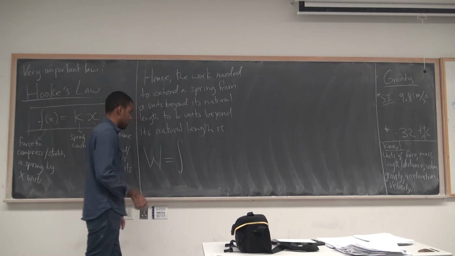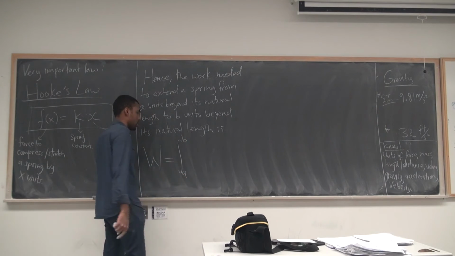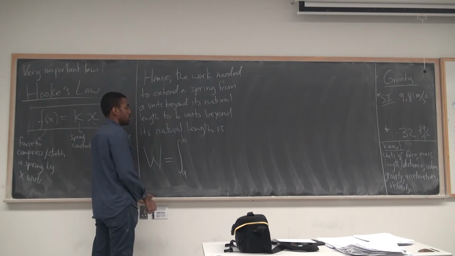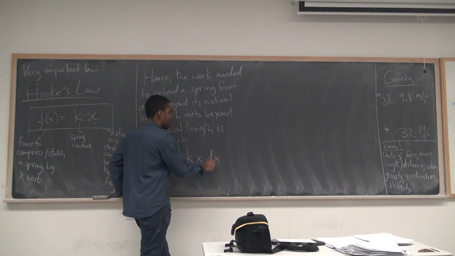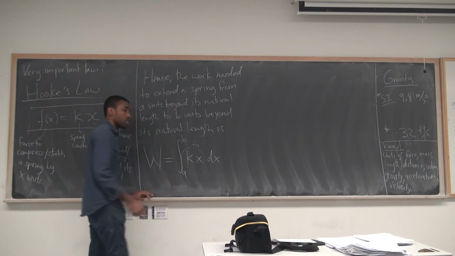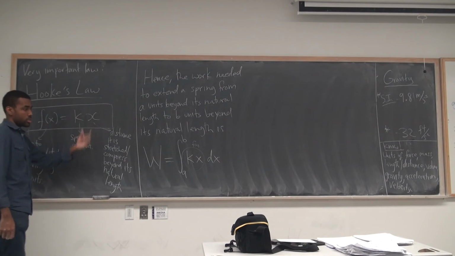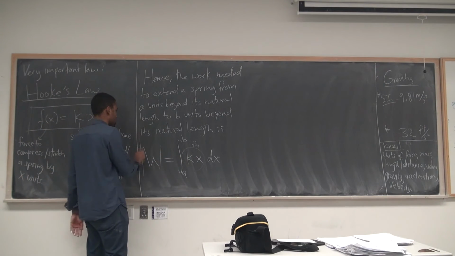Integral A to B. So I'm going from A units beyond its natural length to B units beyond its natural length. Kx dx, because we had that formula originally, that work is just the integral of f of x dx. For springs, the force is just k times x. So for a spring, this is going to be the equation you're going to use. Half kx squared.